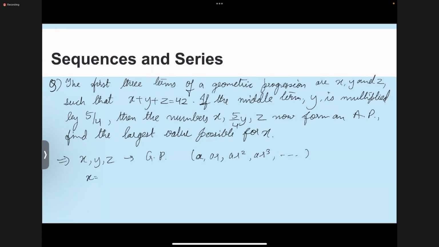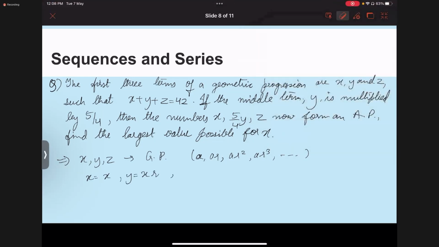You can write x as x, and y then becomes xr, and your z is actually xr squared. Now we know that the sum of these three is 42. So therefore, you can write this as x plus xr plus xr squared is equal to 42.